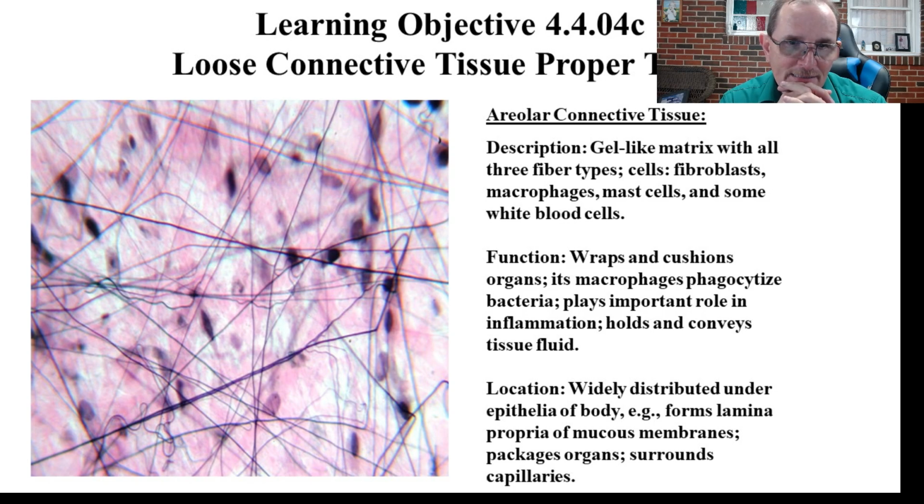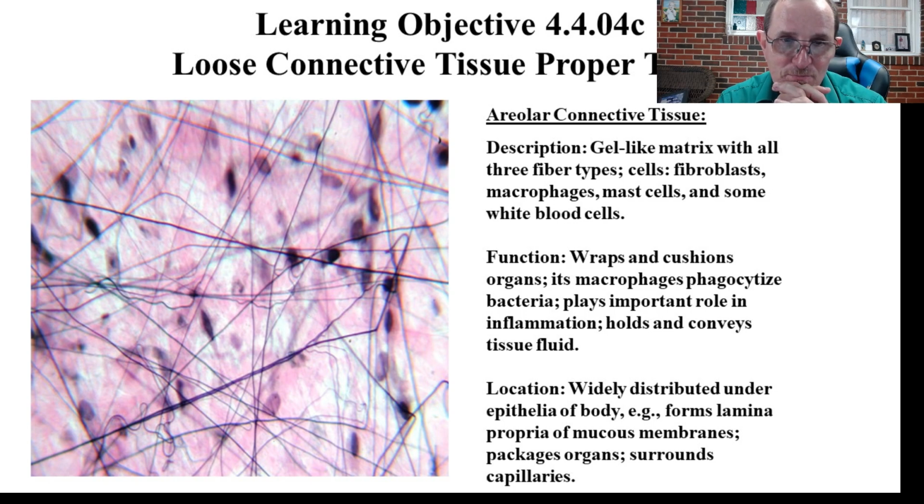Now this guy, I told my lab class the one thing you can say about this guy is it's mostly empty space. You've got fibroblasts there, that's the cell type. The fibers, you've got all three types of fibers, and then the ground substance is just tissue fluid.